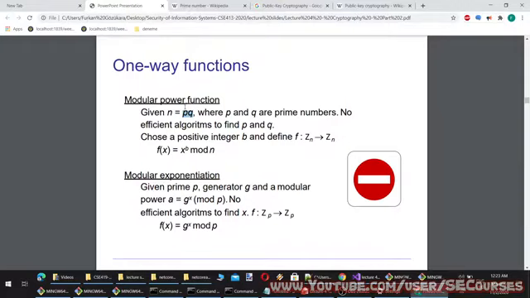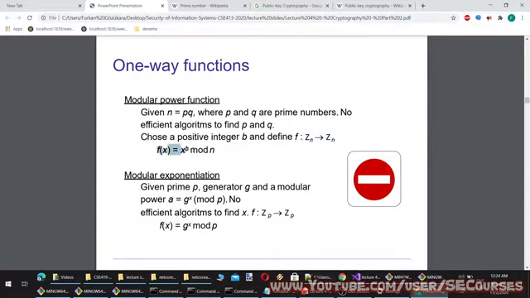And in a modular power function, there is no efficient algorithm to find p and q. It can only be found using brute force, and if that n is a big number, it will take so much time.